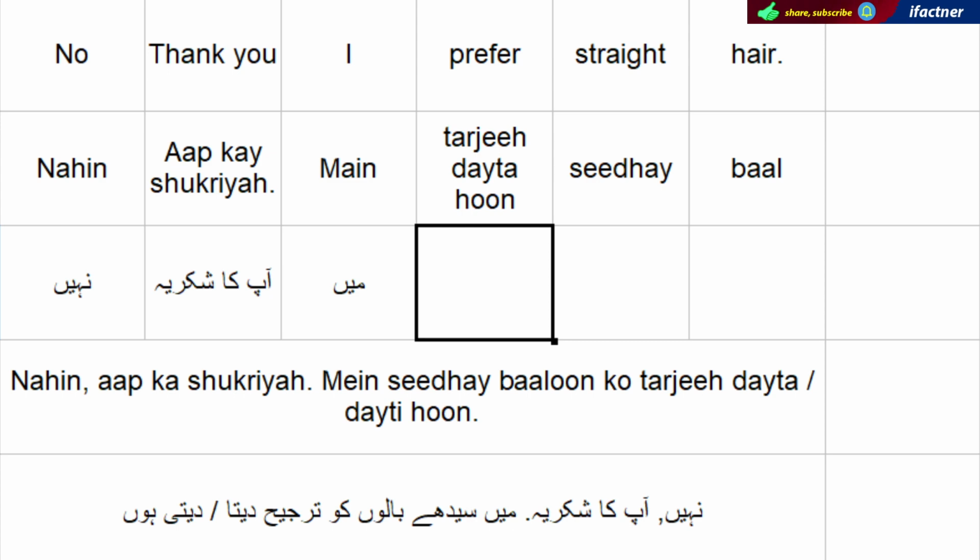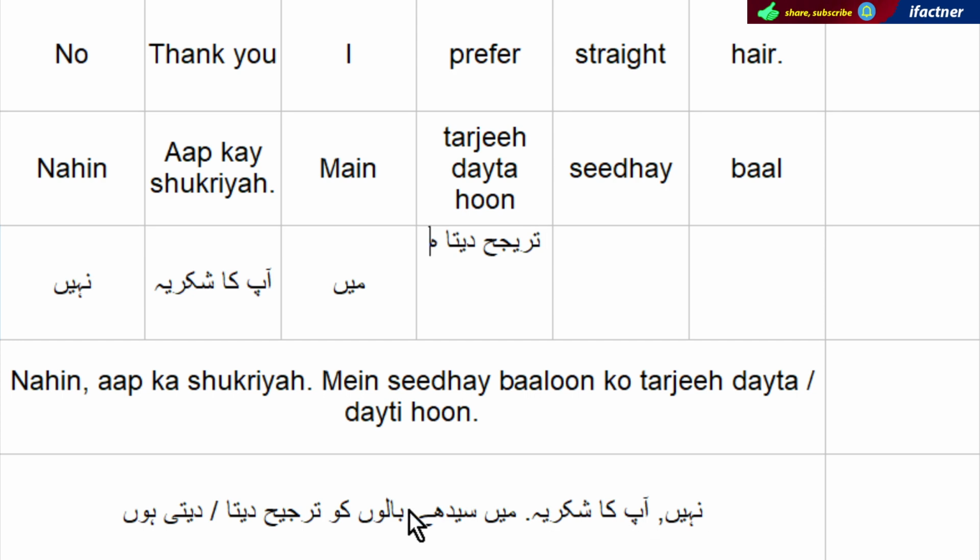Prefer is तरजीह देता हूँ for male and तरजीह देती हूँ for female. So we write तरजीह as te, re, ye, jim, he. तरजीह. Deta is dal, e, te, alif.